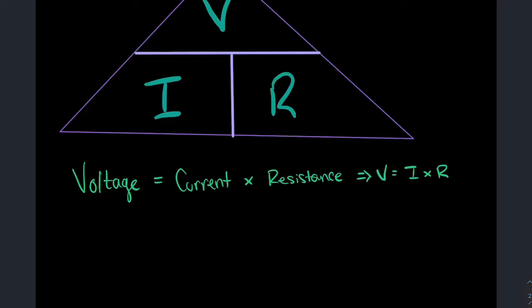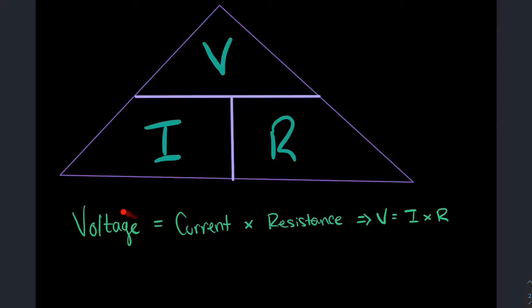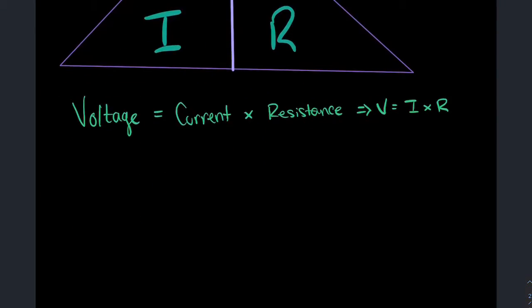And the way that we can read this is if you're told to find voltage, what you're going to do is you're going to essentially pretend that you're covering up the V. So the V is all gone. And then whatever two variables you have left, if they're beside each other like this, you're going to multiply. So we see that they're separated by this bar here. This means that we're going to do I times R or R times I. Okay. Well, then what happens?